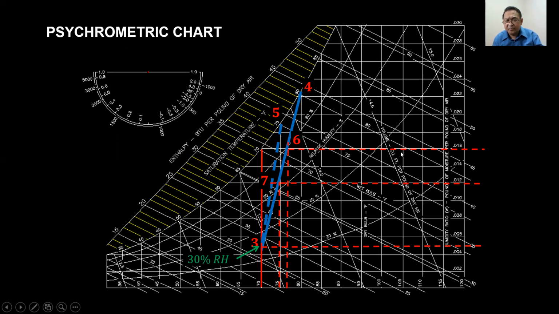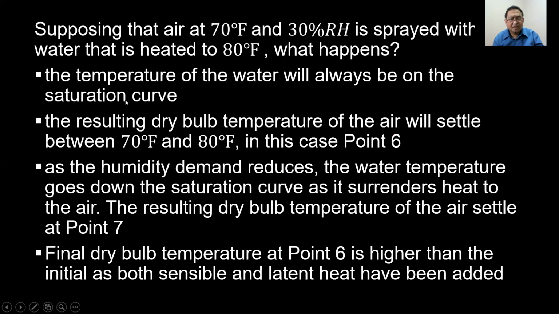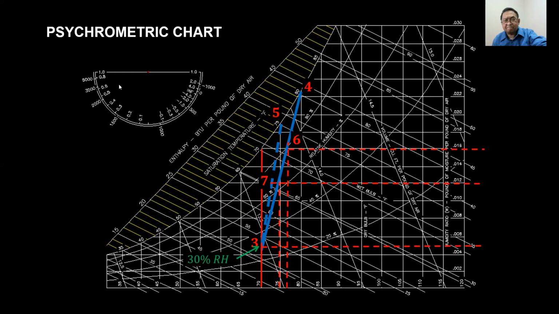So you will have an increase in humidity here. See, the moisture content is now 0.016. And as the humidity demand reduces, the water temperature goes down the saturation curve as it surrenders heat to the air. The resulting dry bulb temperature of the air settles at point 7.